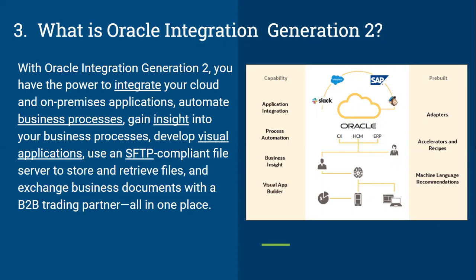With Oracle Integration Generation 2, you have the power to integrate your cloud and on-premise applications, automate business processes, gain insight into your business processes, develop visual applications, use an SFTP-compliant file server to store and retrieve files, and exchange business documents with a B2B trading platform, all in one place.